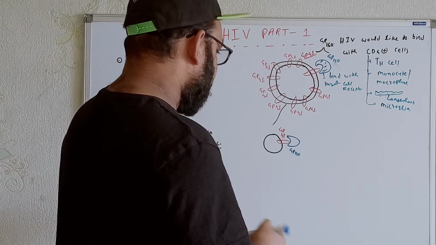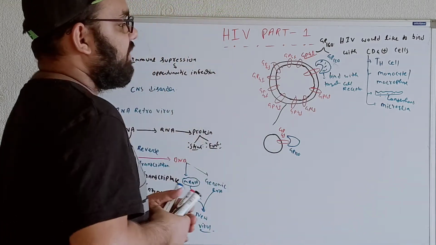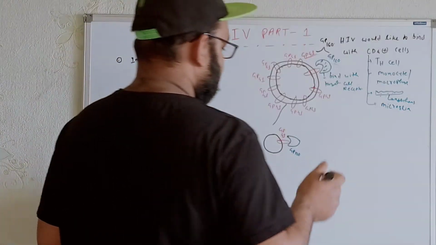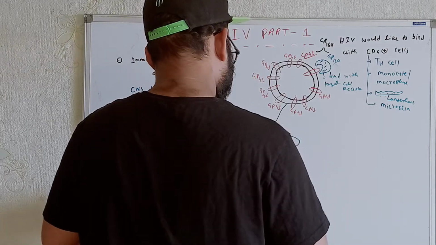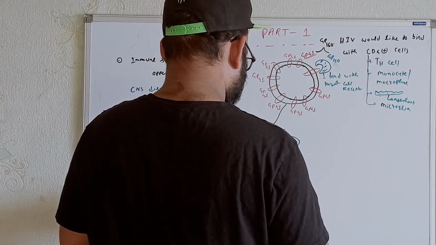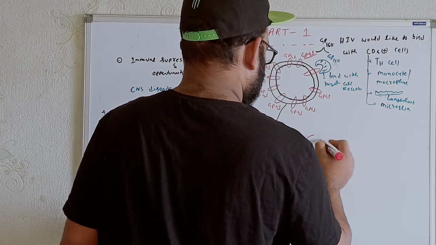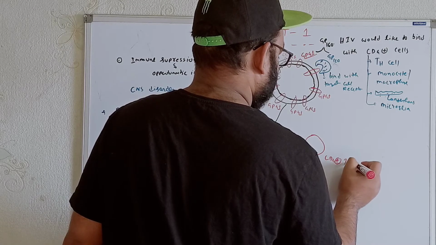Now, as I said, we have to get in terms of the CD4 positive cells. For example, I am just giving the example with the T cells. Let's use a different color for it, guys. Let's use the red color. For example, this is the CD4 positive T helper cells.